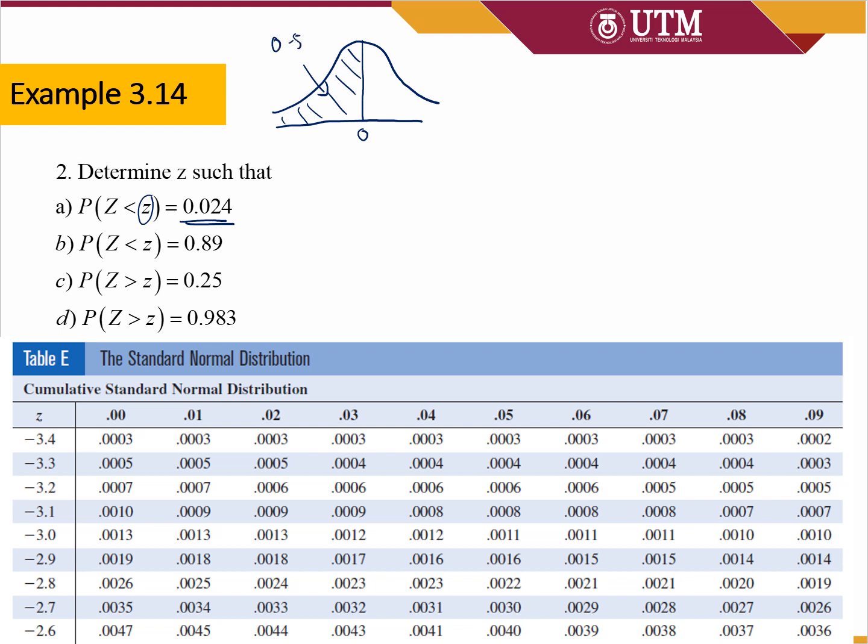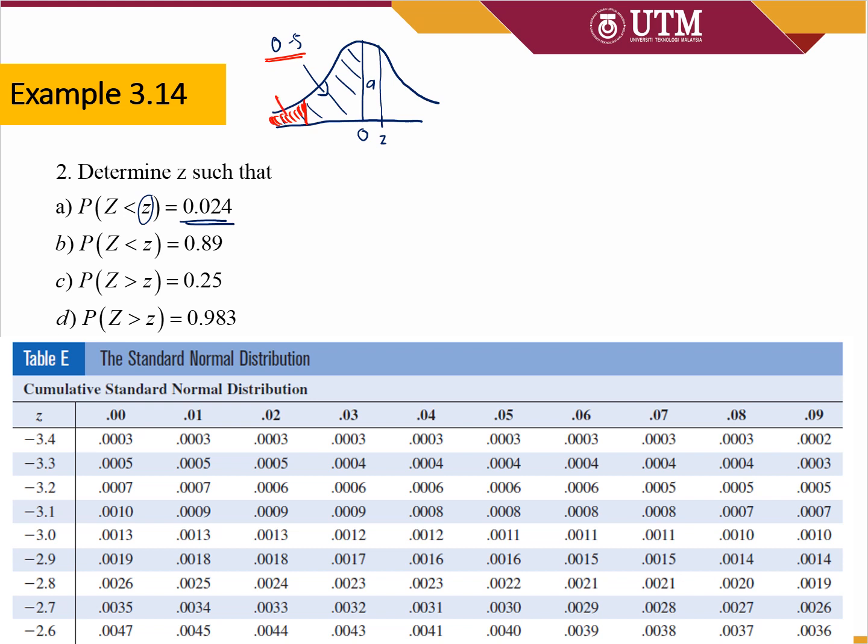And then if the Z value is here, it will be 0.5 plus this area A. So for the first question, the area is 0.024, meaning that it is a very small area, less than 0.5, so the area would be somewhere just here.